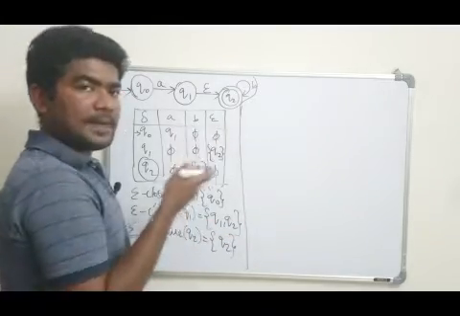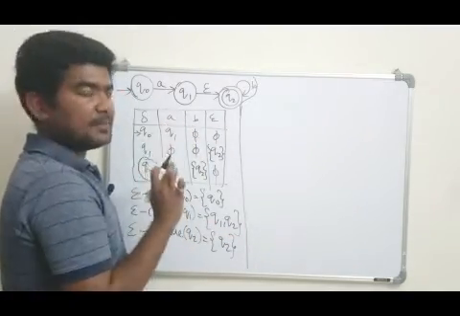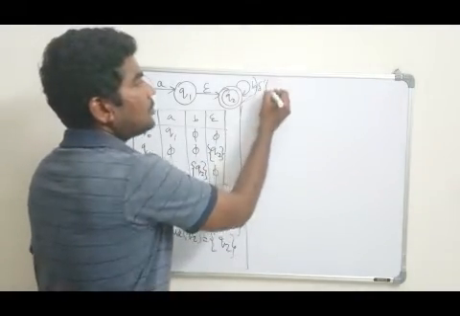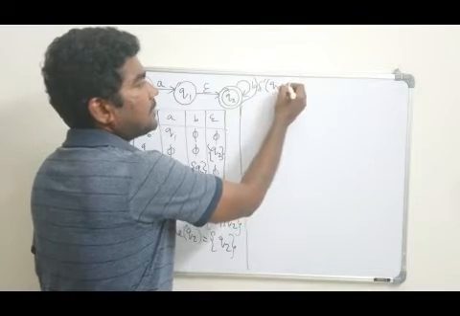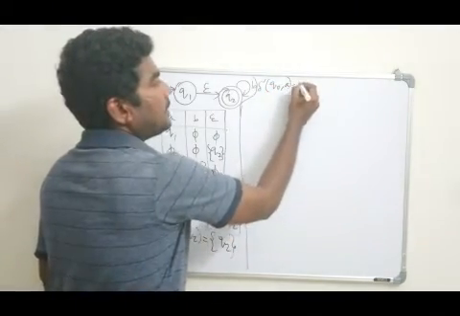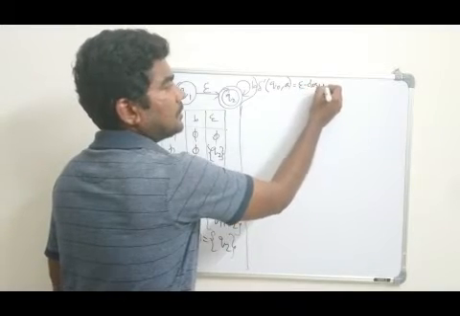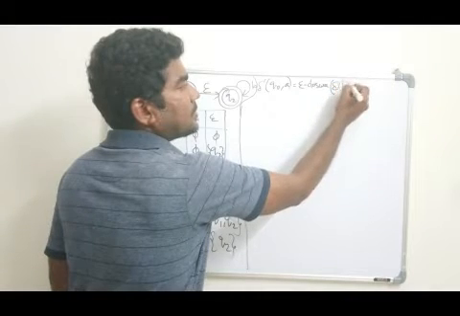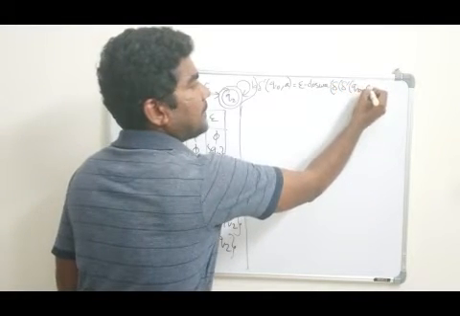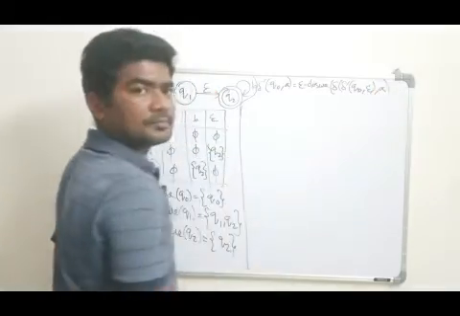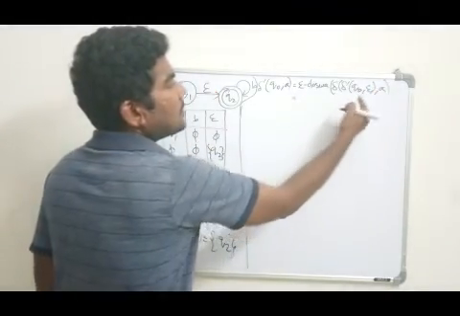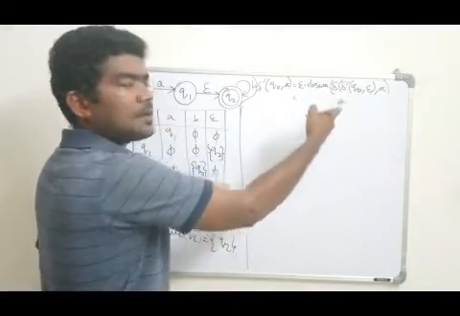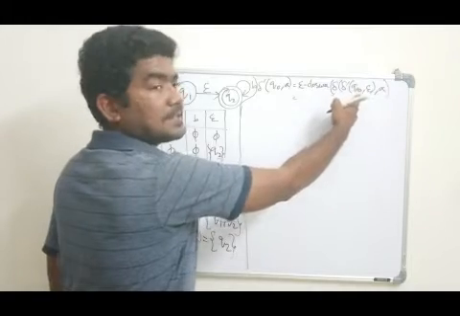So we need to eliminate the epsilon and use only A and B. So first we'll take delta dash of q naught comma A. So what you will write: epsilon closure of delta dash of q naught comma epsilon comma A.